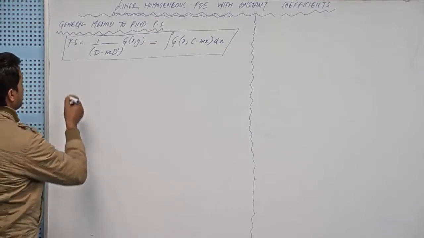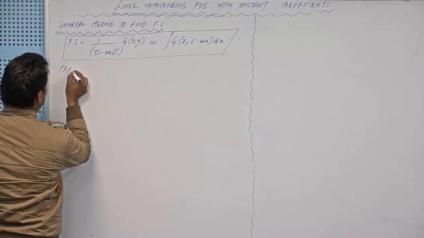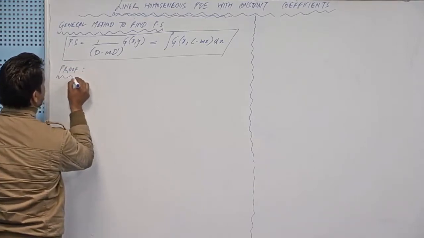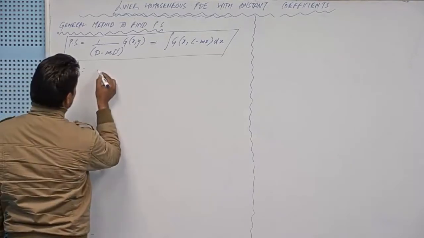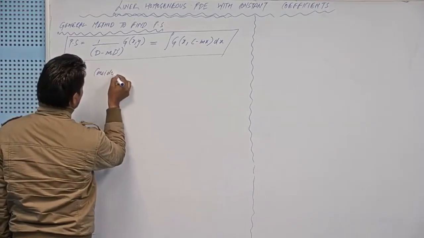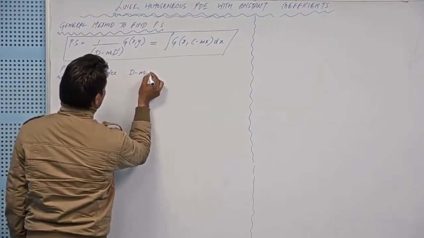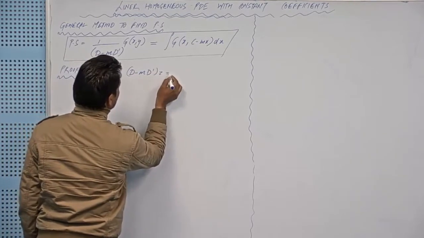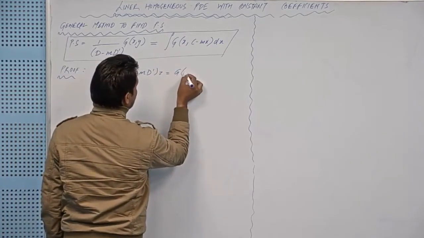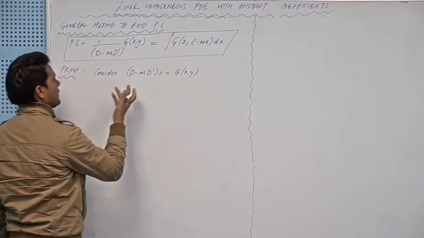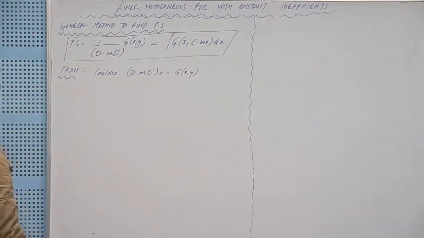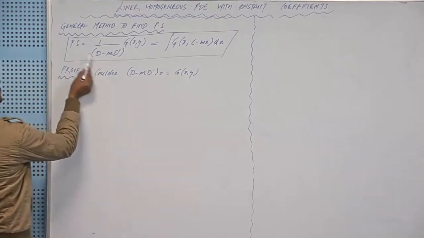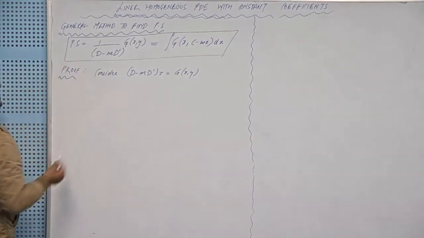Okay, let me give a small proof of this formula. For that I have to write, consider D minus mD dash z is equal to the right hand side capital G x comma y. And why have I taken this particular PDE? You all know that, because writing z here and then cross multiplying it, I will get this PDE.